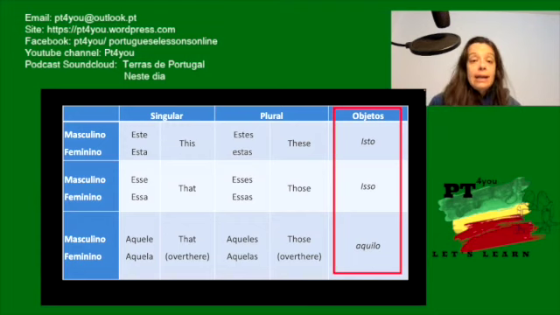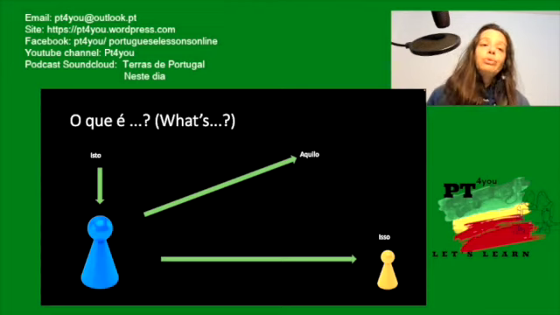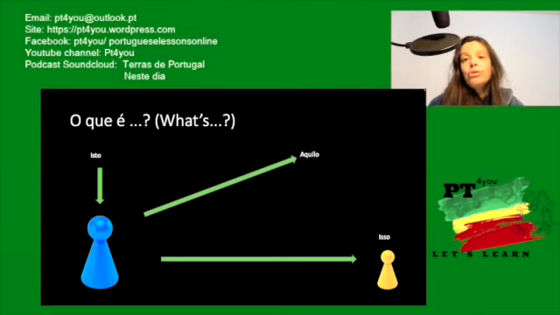What am I saying? Imagine that when you ask something, what's this, what's that over there? If you're making the question, usually we assume that you don't know what kind of thing we are talking about, and therefore you won't be able to add any kind of gender.